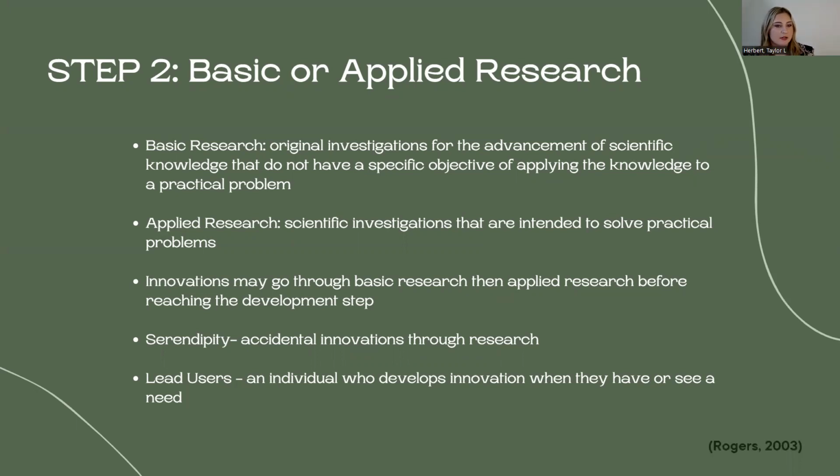It's just basic research. But on the other hand, applied research is intended to solve practical problems. So you can see that basic is more in that scientific expertise, and applied research is more in that social change area.